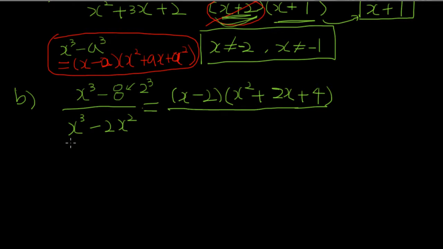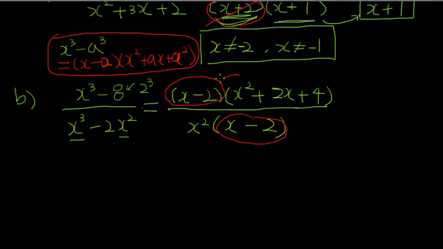Okay, the bottom part. Now, what do we have in common between this and this? Well, we have x squared in common. If you factor x squared out, what's left behind would be x, and from here, it would be 2. Now identify the common factor, top and bottom, and cancel.